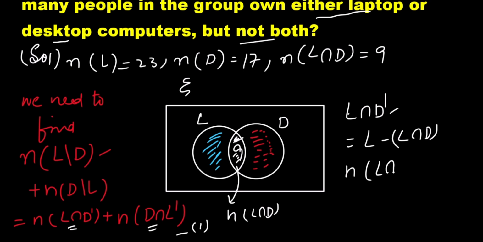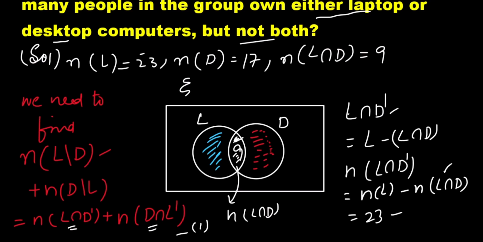So L intersection D complement is equal to N of L minus N of L intersection D. What is N of L? N of L is equal to 23 minus the common area 9. This is equal to 14.